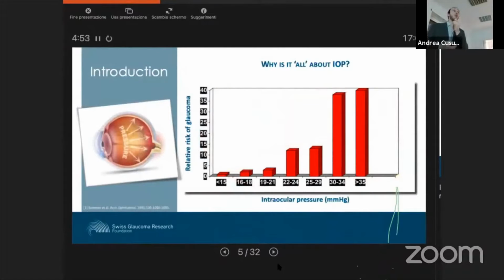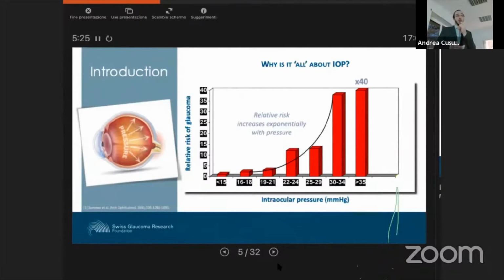I talked a lot about pressure. I say it is all very much about pressure because what you can see on this graph is the risk of developing glaucoma depending on the pressure in your eye. Very simply put, this shows that when the pressure in your eye is above 30 millimeters of mercury, your risk of developing glaucoma is 40 times higher than if your pressure was below 15. Normal pressure in the eye is often considered to be between 9 and 21.